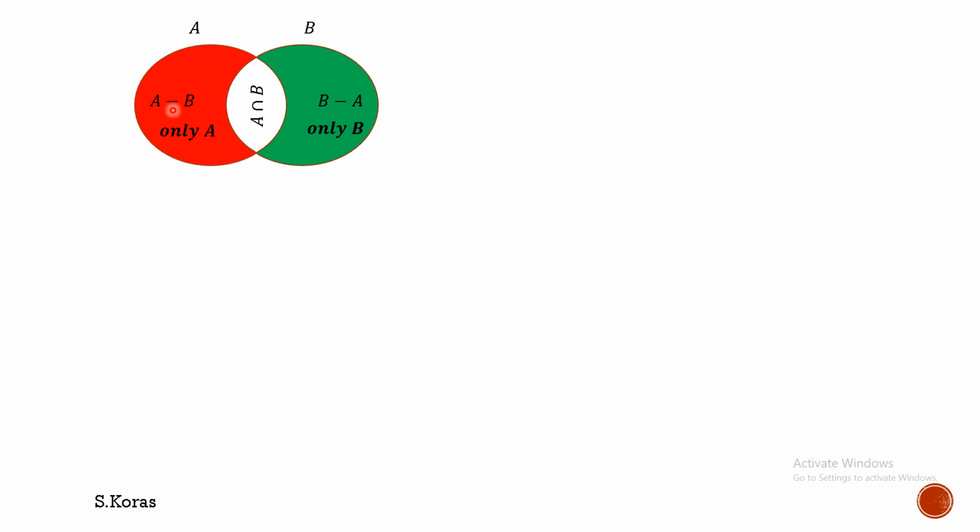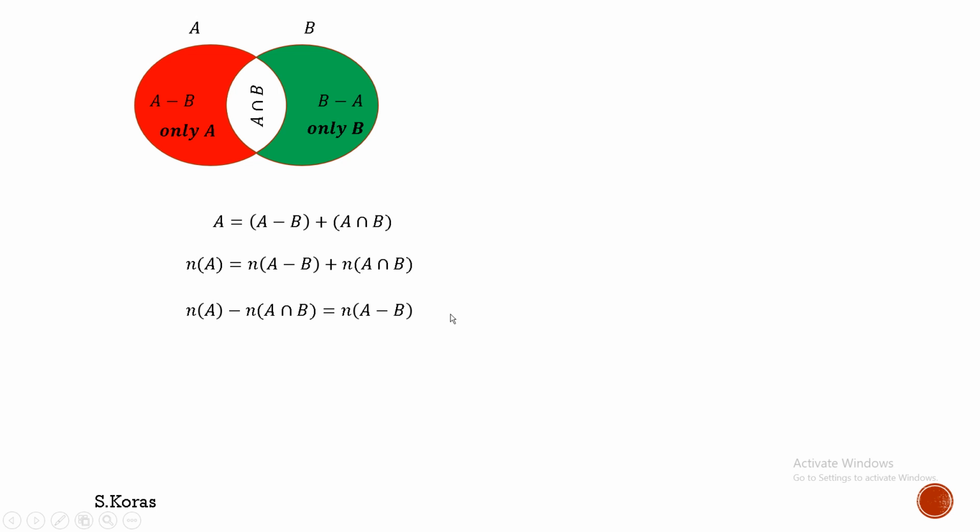So our A difference B and A intersection B make our set A. So we can write set A as A difference B union A intersection B. Since A difference B and A intersection B are disjoint, we can apply the formula n of A union B equal to n of A plus n of B. So if we apply the formula, we'll get n of A is equal to n of A difference B plus n of A intersection B. If we bring this plus n of A intersection B to this side, we'll get n of A minus n of A intersection B is equal to n of A difference B.